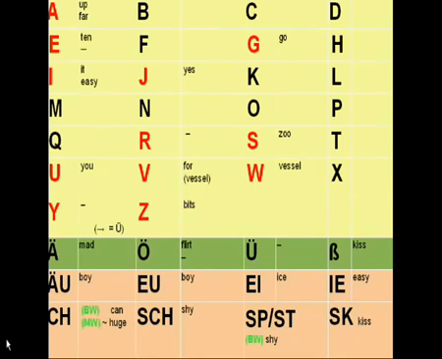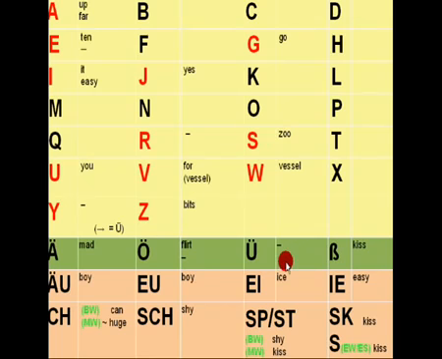And then we have the letter combination SCH. We pronounce this combination like you guys pronounce the sh in shy. And then we have the letter combination of S and P, or S and T. Whenever it is at the beginning of the word, we always pronounce it like in shy, like SCH. And when an SP or ST is in the middle of the word, which is why I wrote MW, we also don't pronounce it like in zoo, but we pronounce it like in kiss.